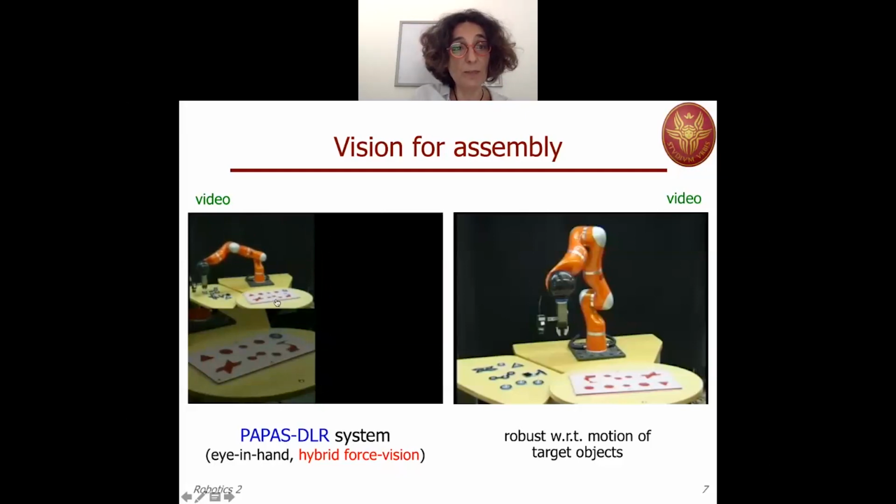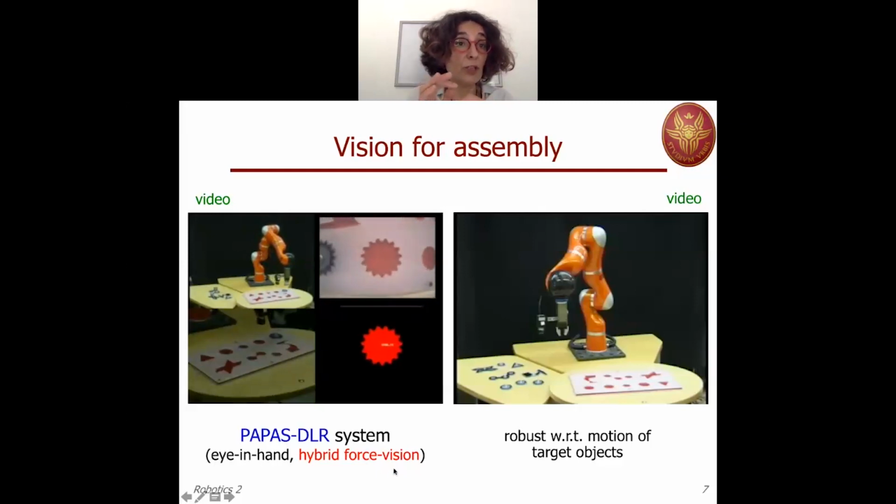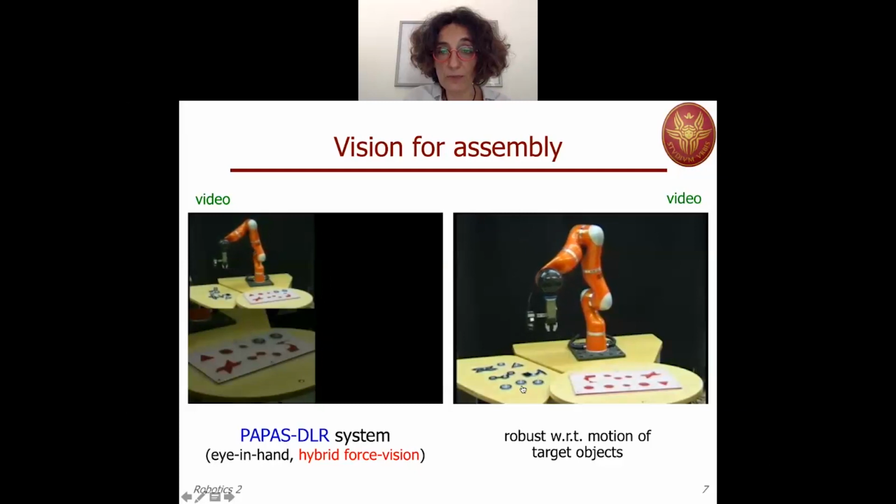So the last part, because of this offset, is blind, and it is for this reason that there is a hybrid force-vision control, because in the last part, to exactly fit the piece in its place, some control of the interaction forces is used. But the power of this control paradigm is clearly shown here.